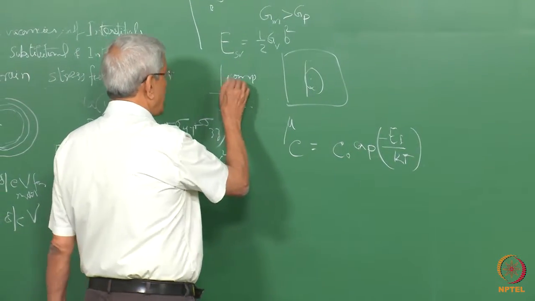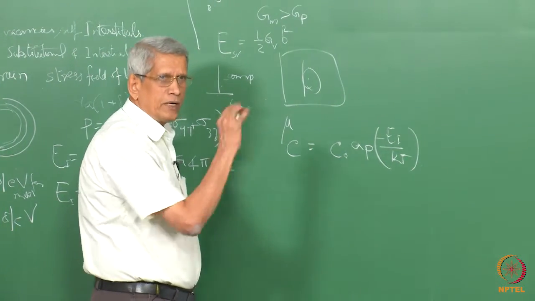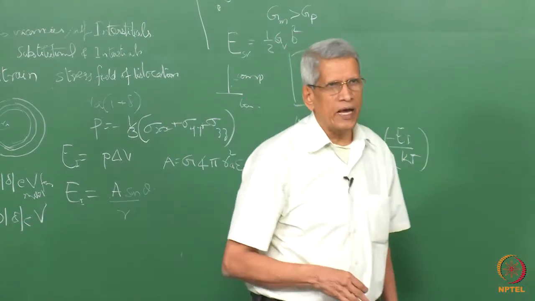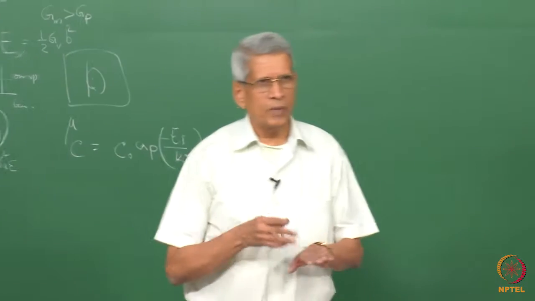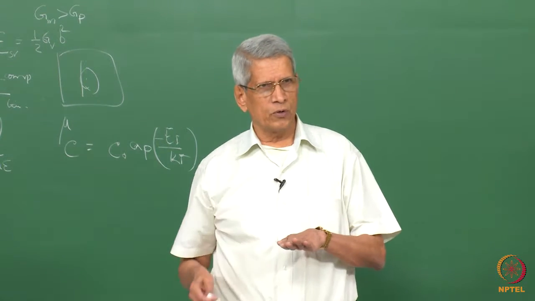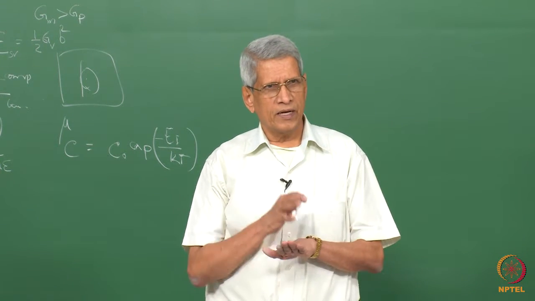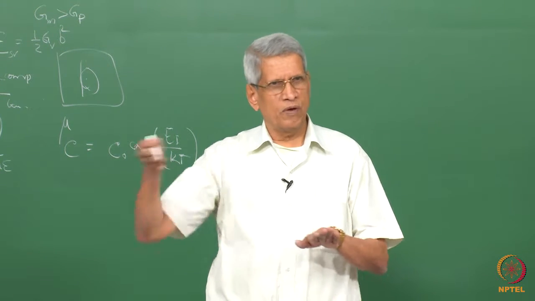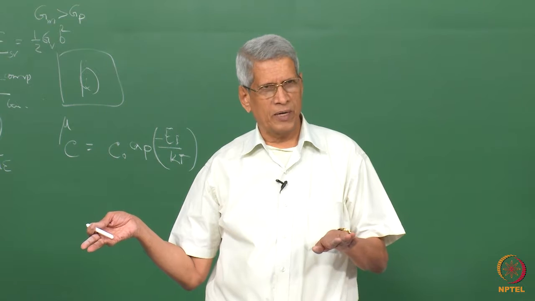That can make the atom vibrate and come out of that place. So if the temperature is very high, the thermal vibration also plays a role. It may so happen that at very high temperature, atoms come close to it, but they move away from it also because of the thermal vibration.